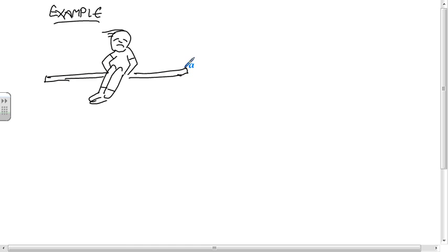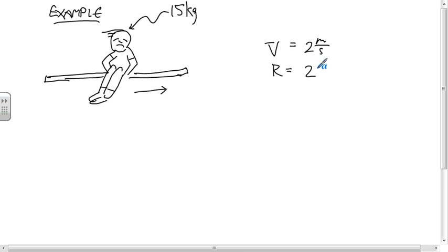Okay, so let's say that he has a mass of 15 kilograms. Let's say that the carousel is moving this direction. His speed is 2 meters per second. The radius, so how far he is from the center of the circle that he's making, is 2 meters.